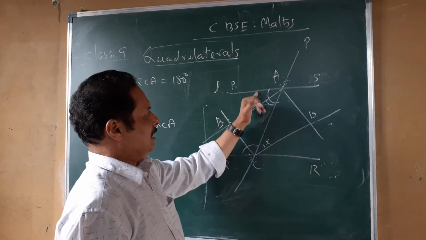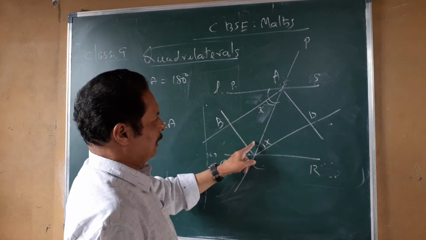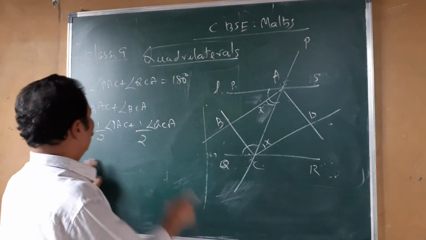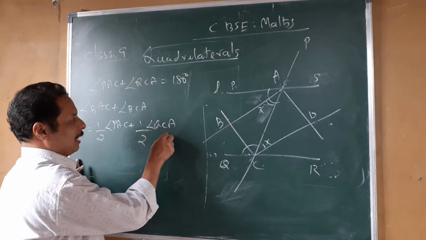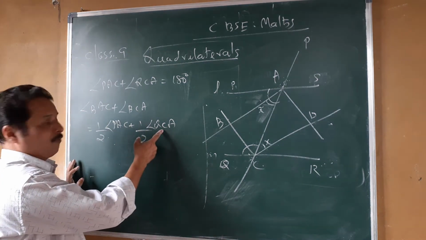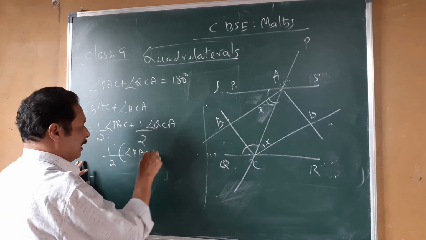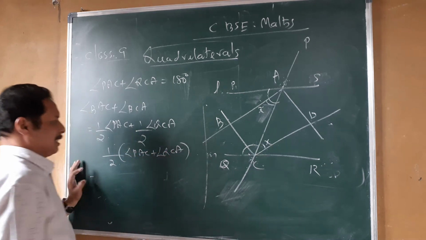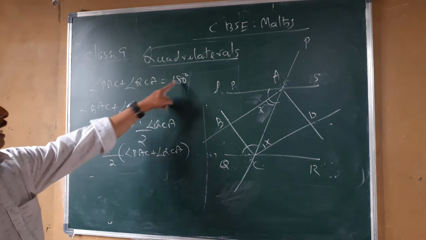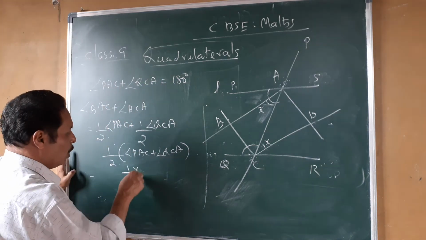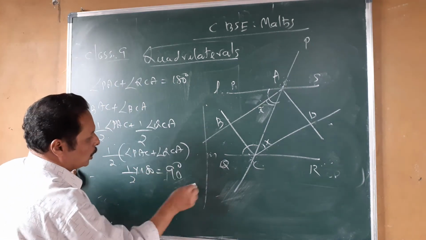So this is half of the total, and this is half of the total. Half of angle PAC plus angle QCA, but angle PAC plus angle QCA is 180. So half of 180 equals 90.